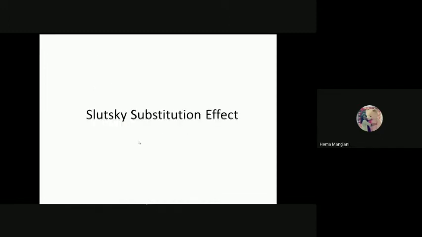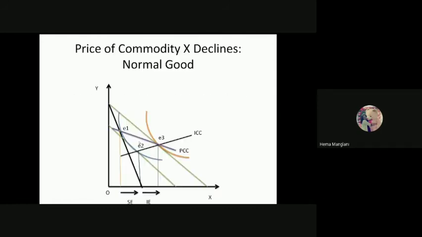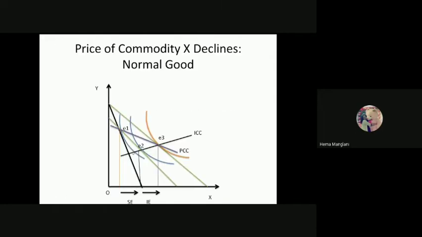I'm going back to Hicksian one. See, this green line is not intersecting this point. This is just having a tangency at the E2 point. So similarly, when you go for the Slutsky analysis, then what happens?